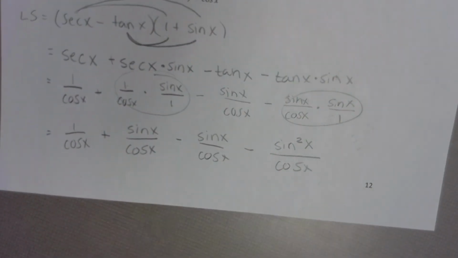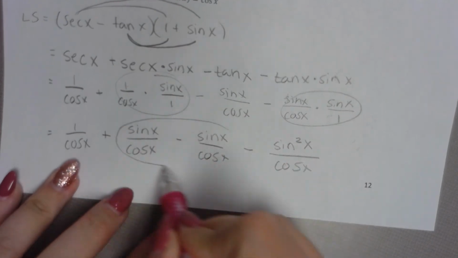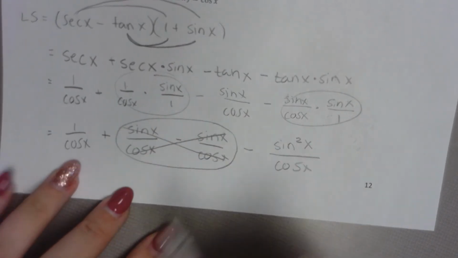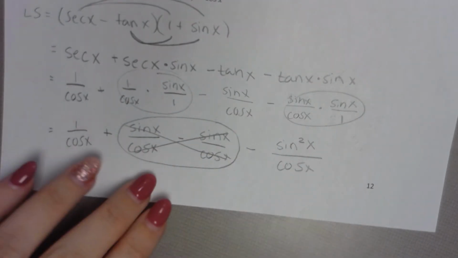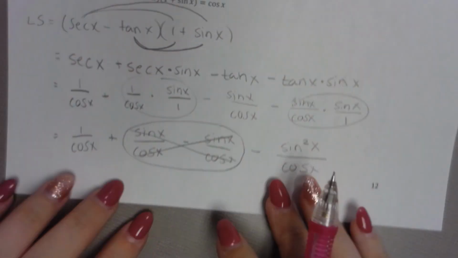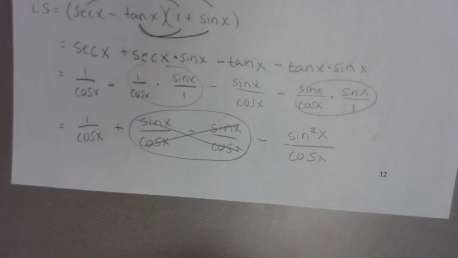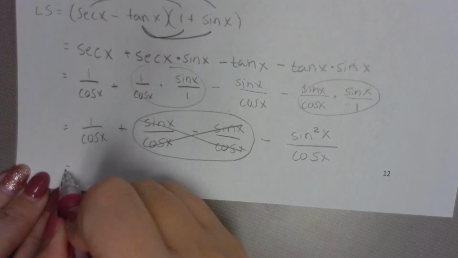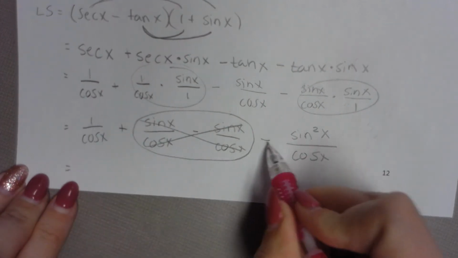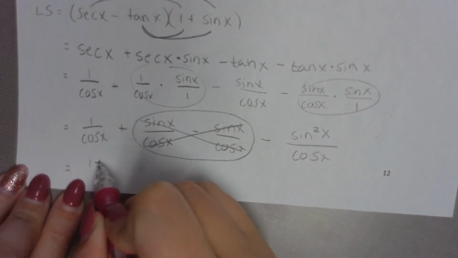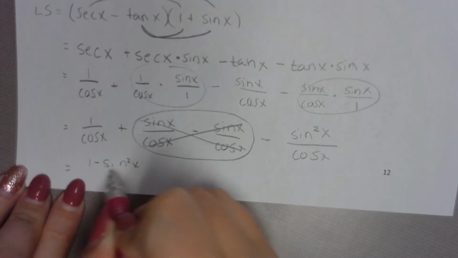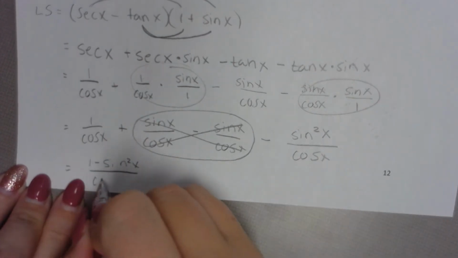All right, well, if we look, sine over cosine minus sine over cosine cancels out, right? That's like saying 1 minus 1 is 0, so those are gone. Now we have common denominators here, so when we have common denominators, we're allowed to add our fractions. So we have 1 minus sine squared on the top, all over cosine.